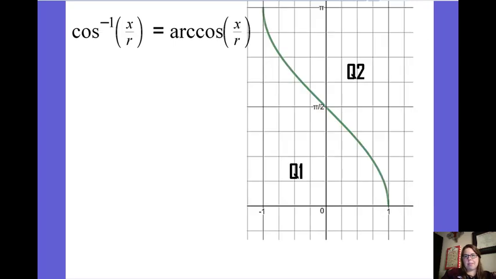Except on cosine, if we switch over to cosine, cosine lives in quadrant 1 and quadrant 2. And so these are all angle measures, remember. So from 0 to pi over 2, or 0 to 90, that's quadrant 1. And then 90 to 180, or pi over 2 to pi, is quadrant 2.